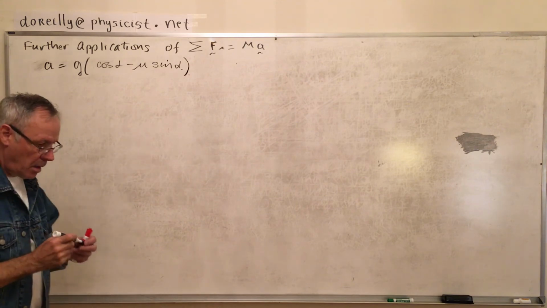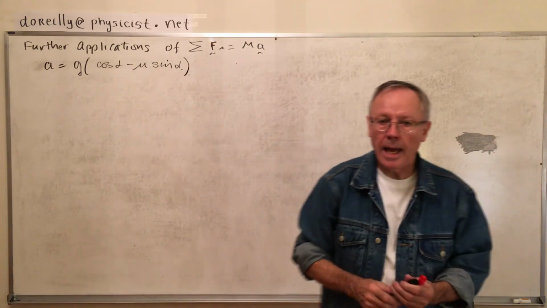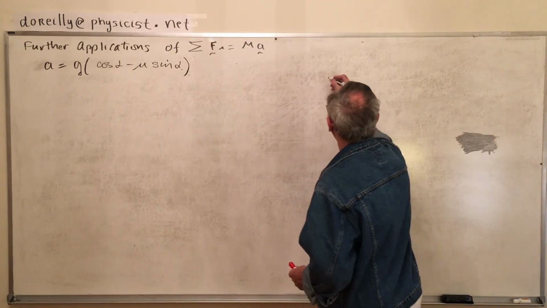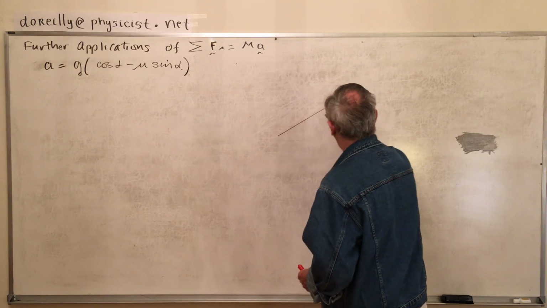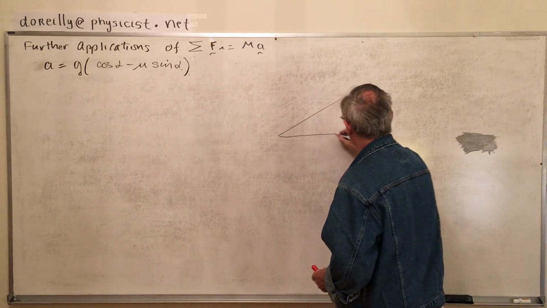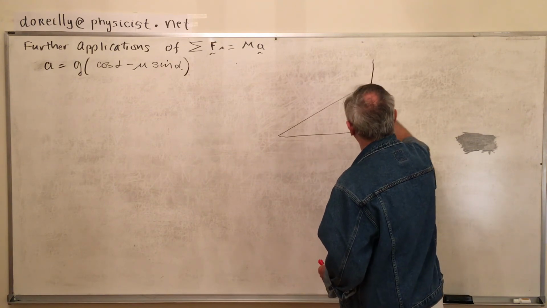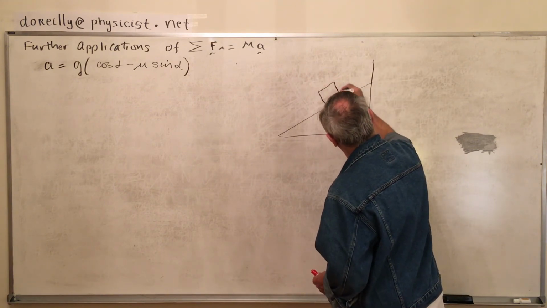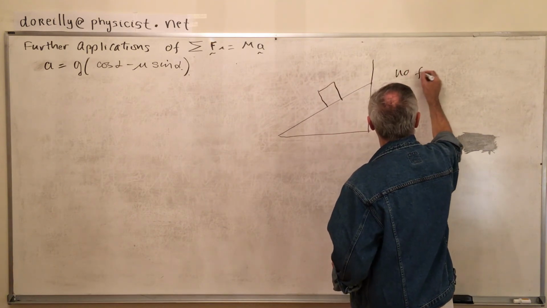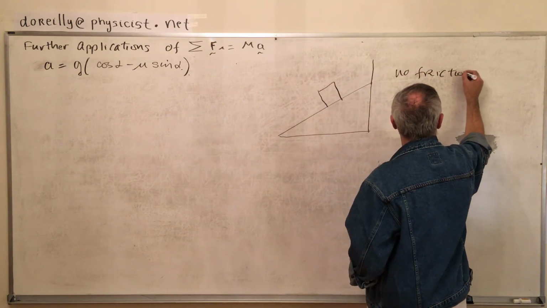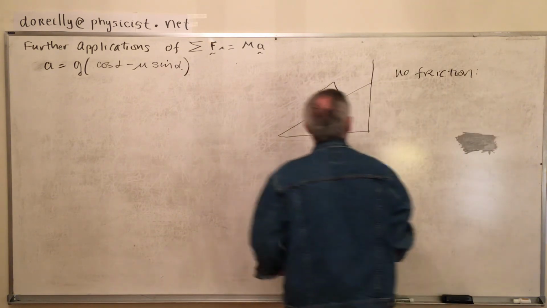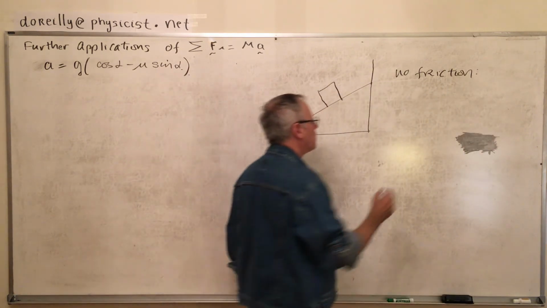All right. Okay, so let's add tension. We do the same problem, but this time it's been held fixed using a rope. Now in this case here, there is no friction.